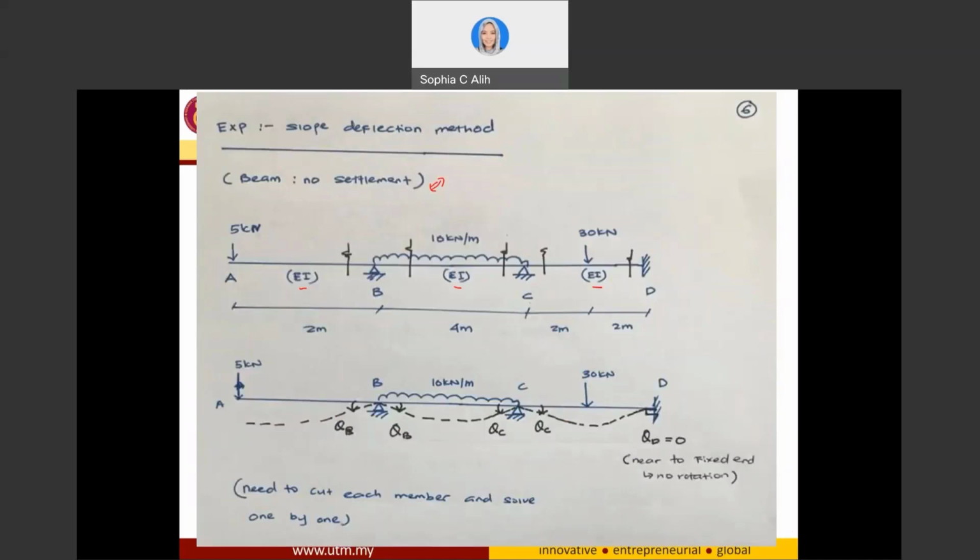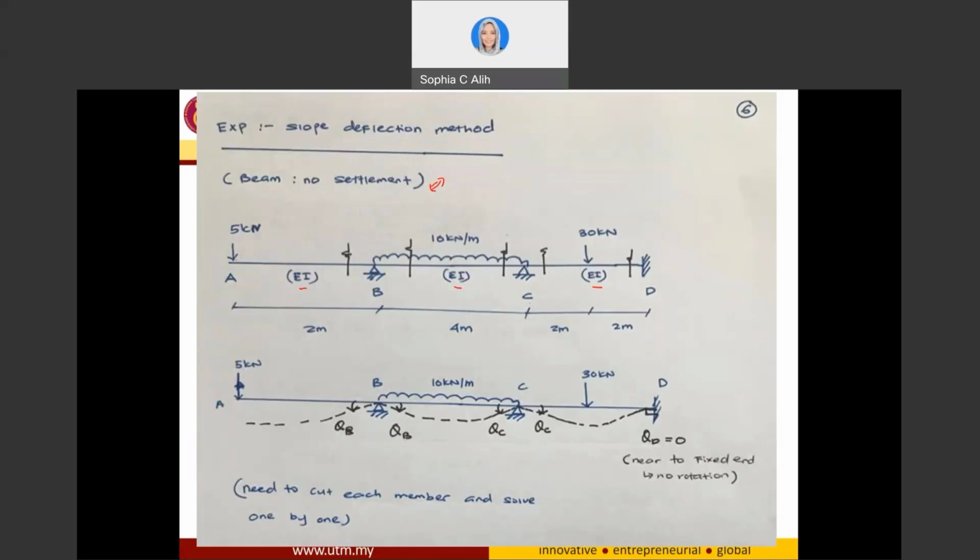Now, once I get this type of beam to solve, I need to see what the rotation or the deflection mode of my beam is due to the loading imposed on my structure.